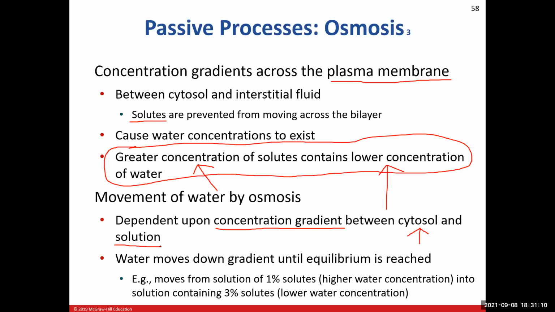So the example here on this slide says water moves from a solution of 1% solutes, which means it has a higher water concentration, into a solution containing 3% solutes, which is a lower water concentration. Take that in for a second. Read that to yourselves while I take a sip of my water.